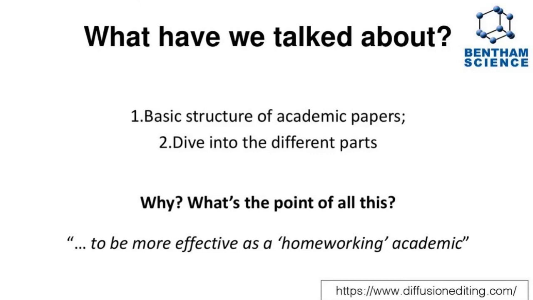And we've dived in, we've gone in deep or deeper into the different sections of academic paper writing, and we've given you a template that you can use for writing a title, an abstract, an introduction, methods, results, and discussion. I hope that it's coming together, it's making more sense as a result of this presentation.